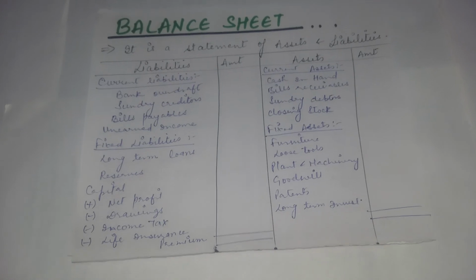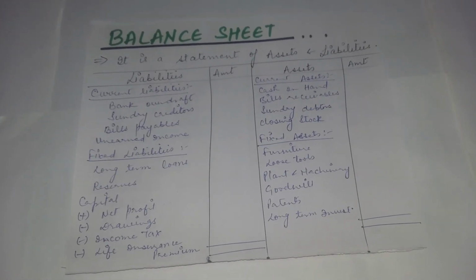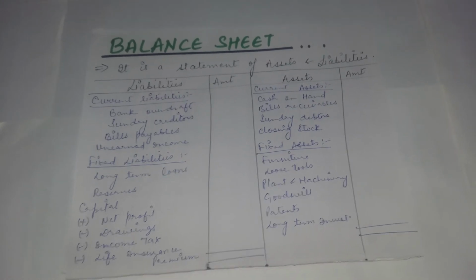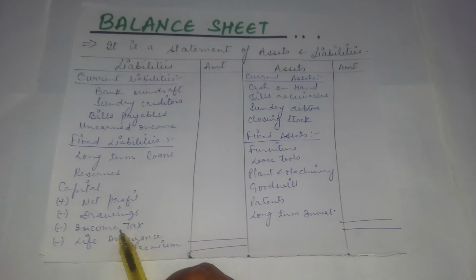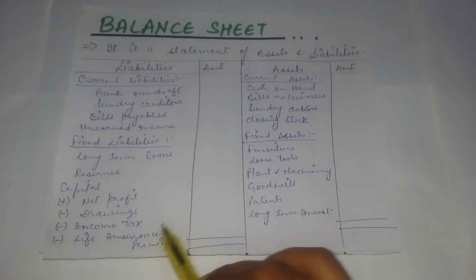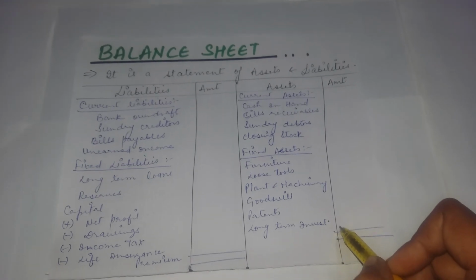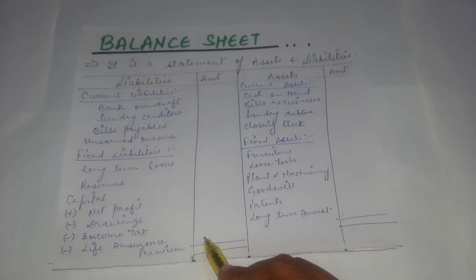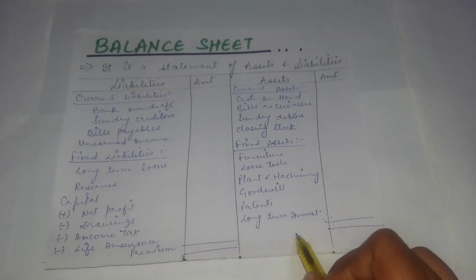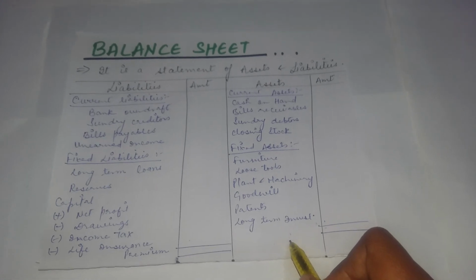And we have fixed assets, which are fixed in nature, like furniture, loose tools, plant and machinery, goodwill, etc. At the end of the balance sheet your liability side and asset side should be equal. If there is any discrepancy, that means your sum is wrong. They should be equivalent.